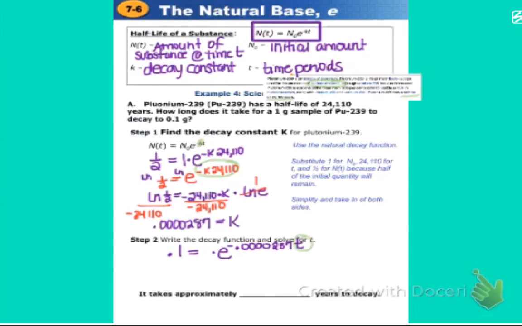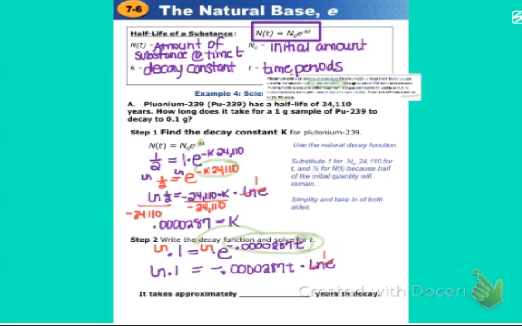I'm going to take the natural log of both sides. I'm going to use the power rule to bring this whole thing down in front. That becomes negative 0.0000287t times the ln of e. Well, we know the natural log of e is just simply 1, and then this is the natural log of 0.1.